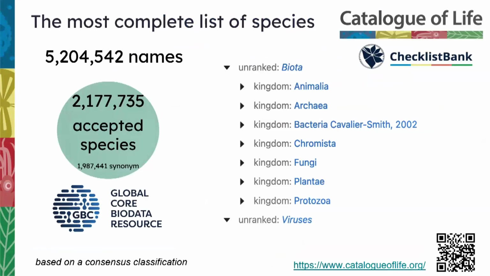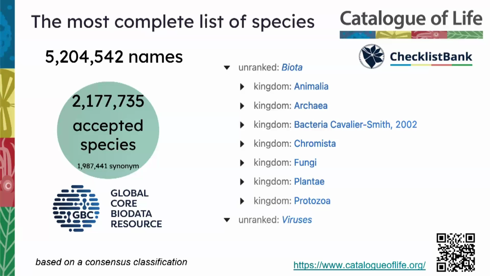As most of you probably know already, the Catalogue of Life is the most comprehensive authoritative list of species, having more than 5 million names in total, from which 2.1 million are accepted names of species and a similar number for the synonym names at the species level.